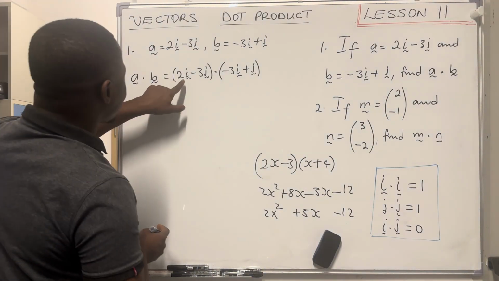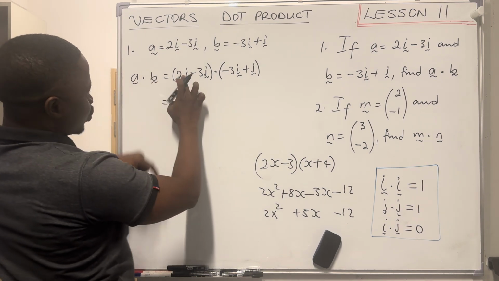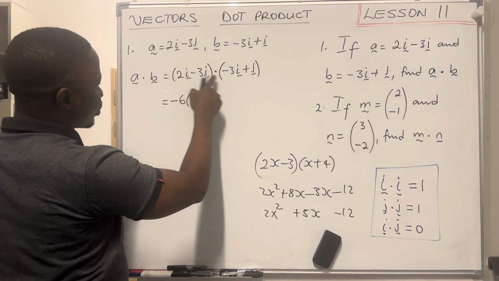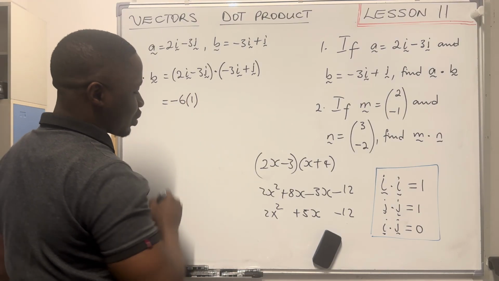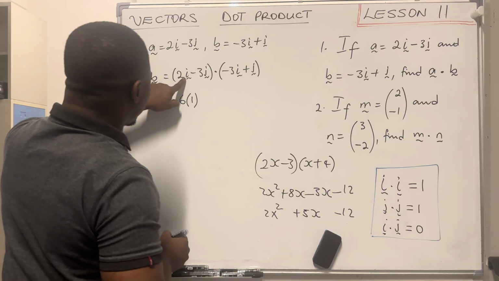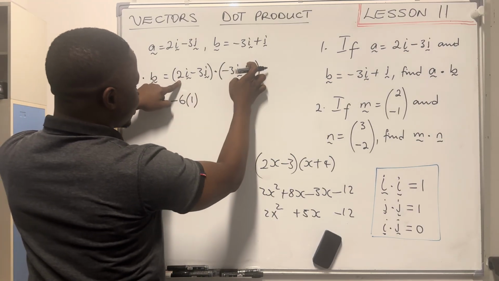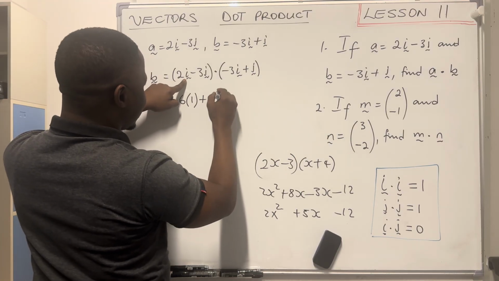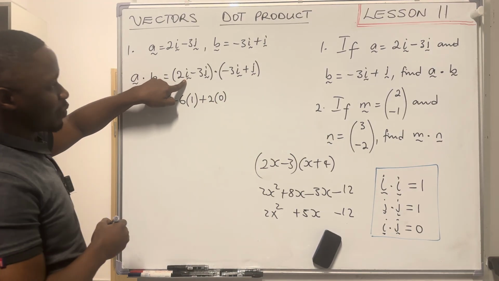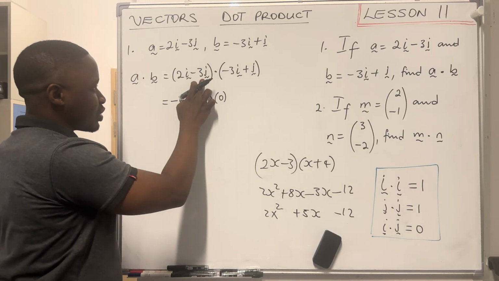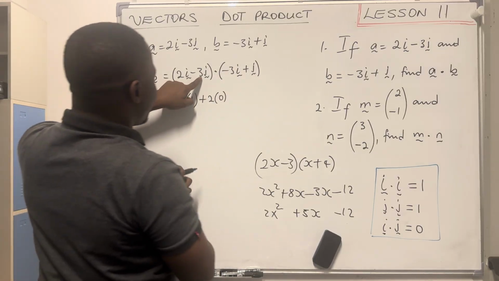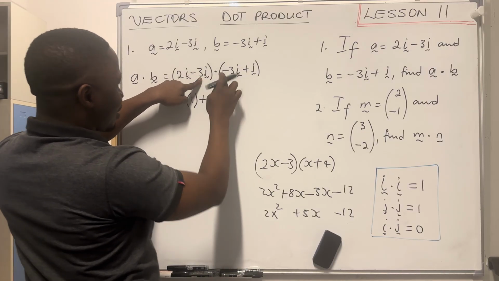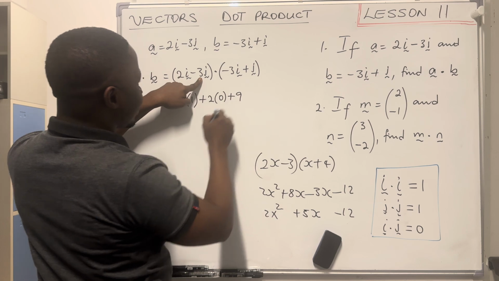So if we say 2I dot this one, 2 times minus 3, minus 6. I dot I is 1. Do not forget. Now 2I with this one: 2 times 1 is 2 plus 2. I dot J is what? Is 0. Now we use minus 3 to multiply this. Minus 3I dot minus 3I. Minus 3 times minus 3 is plus 9.